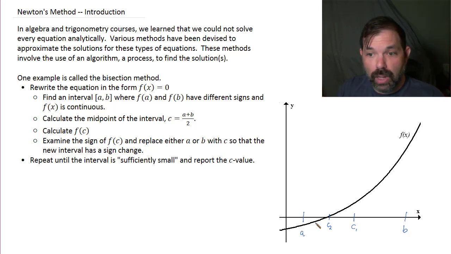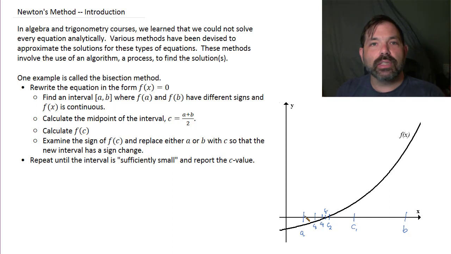I repeat the process, find the midpoint of A and C2, and call this point C3. Now the root is between C3 and C2. I repeat. There's C4. Now the root is between C4 and C2. Here's C5.